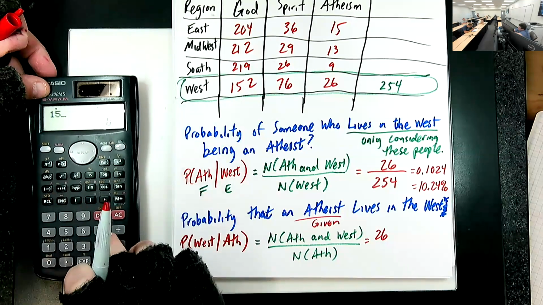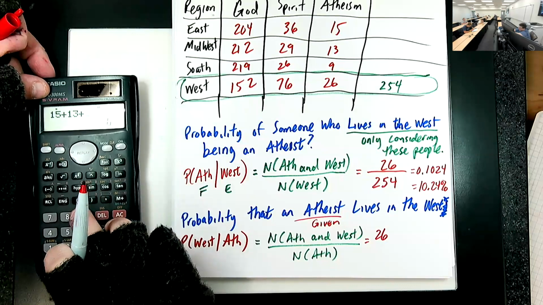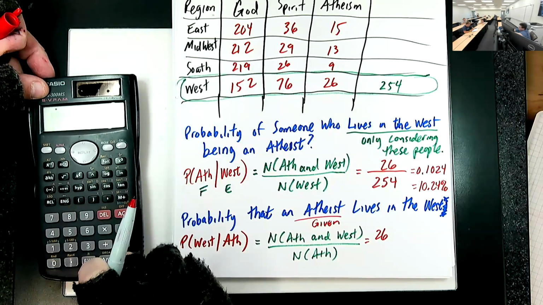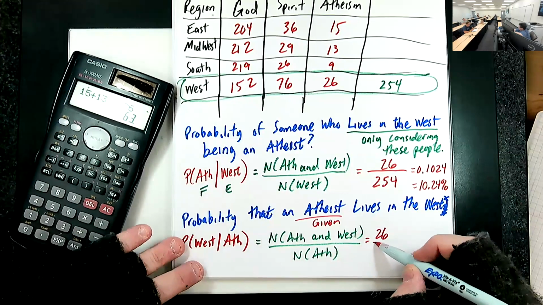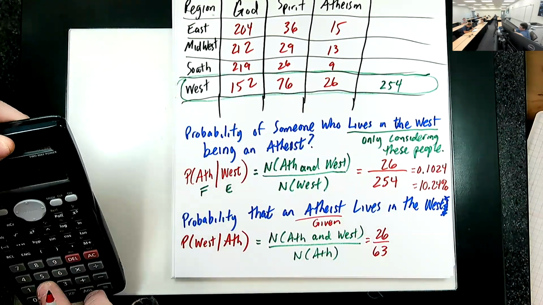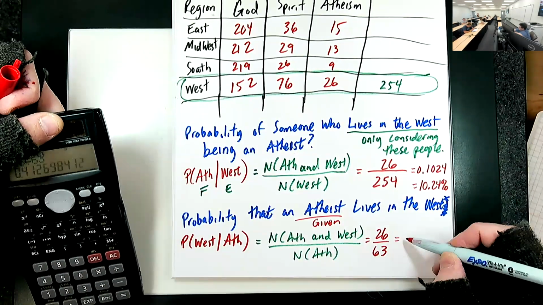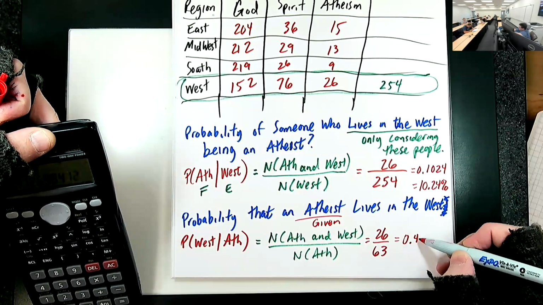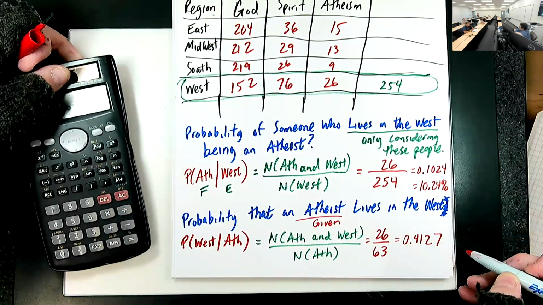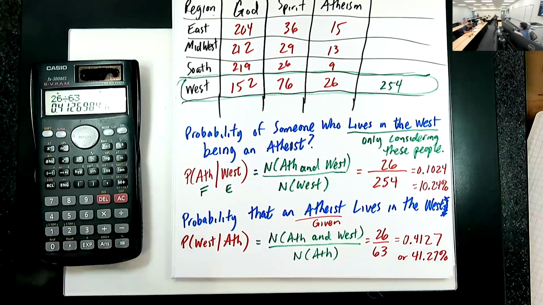We've got to figure out how many atheists responded to this survey. 63. I got 63 also. So, if I do 26 divided by 63, I am getting 0.4127 to 4 decimal places, or 41.27%.